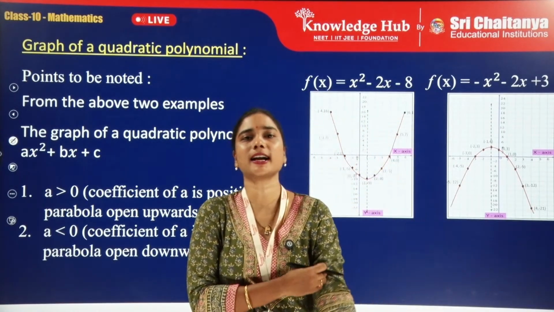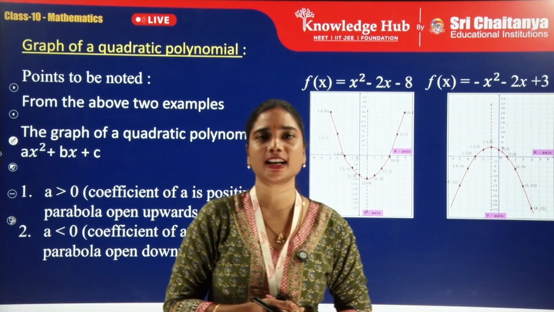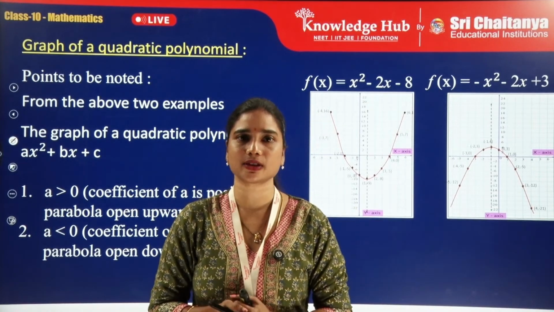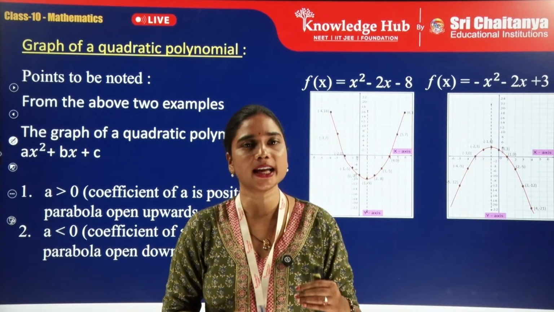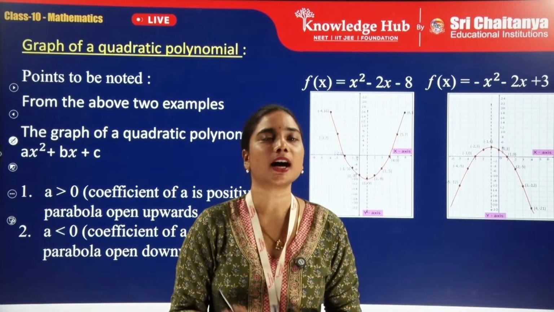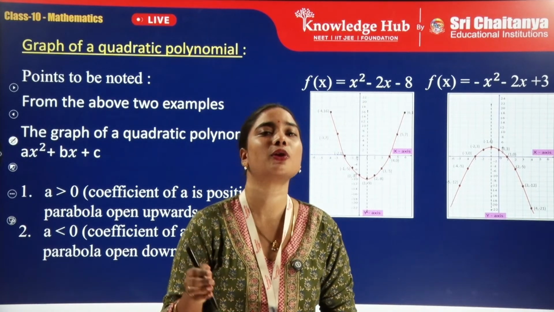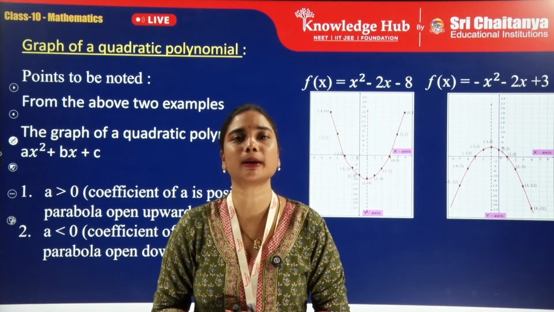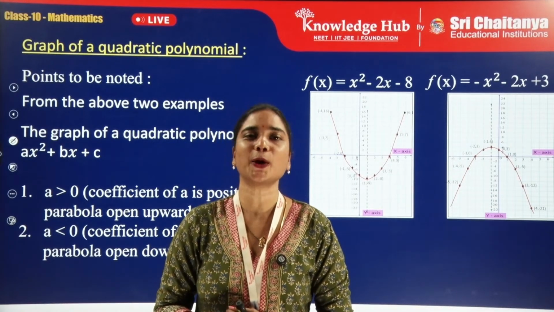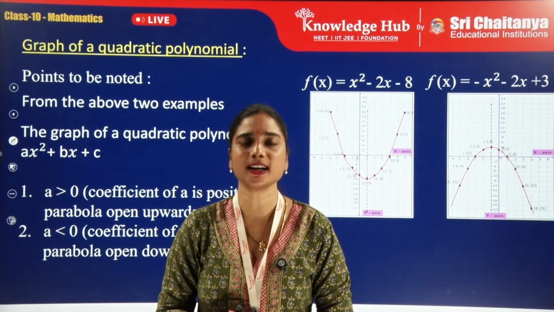So, for a quadratic polynomial, we have discussed two types of graphs. One is the parabola which is open in the upward direction and the other is the parabola which is open towards the downward direction. If the coefficient of x square becomes negative, the parabola opens toward the downward direction.